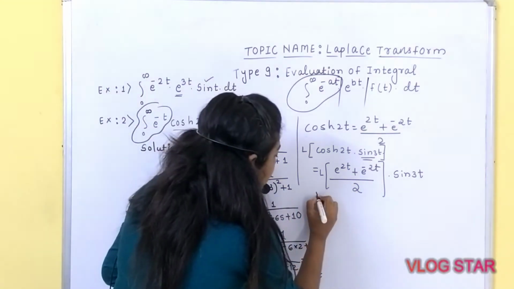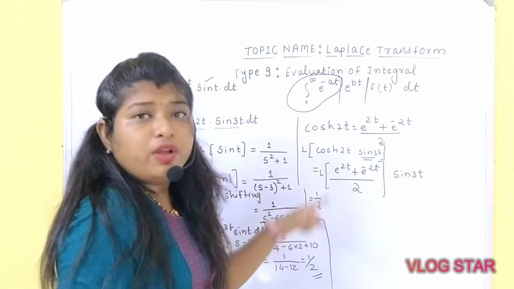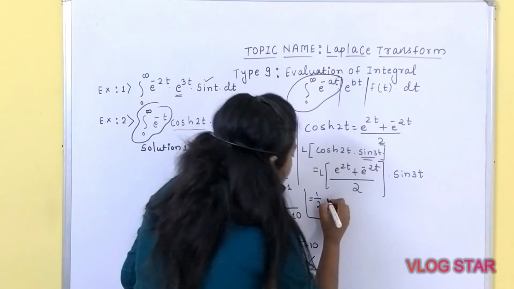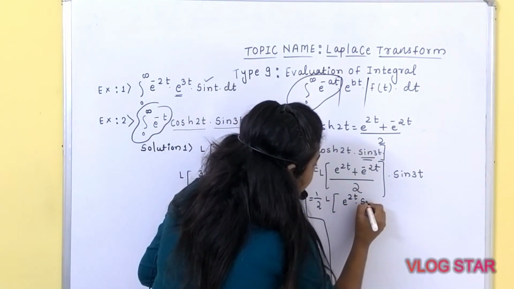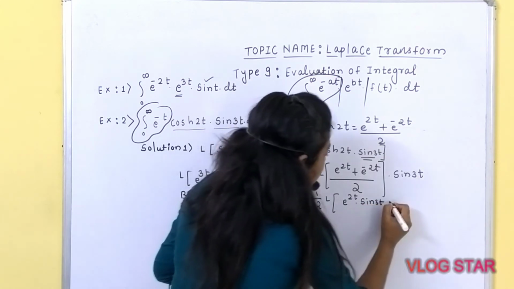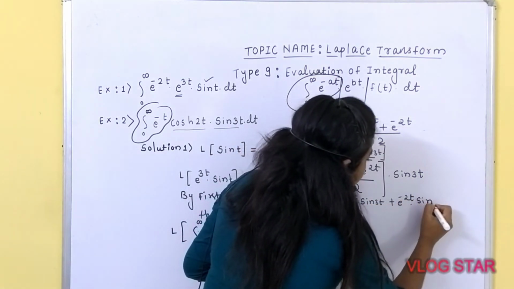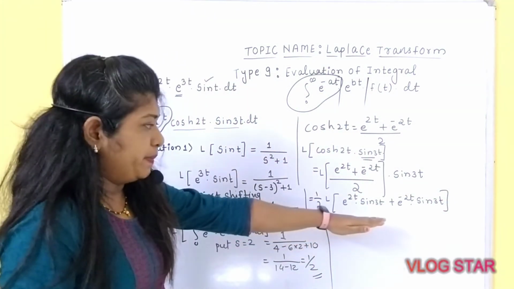So we can take 1 upon 2 outside the bracket. What is there inside? e raised to 2t into sin 3t plus e raised to minus 2t into sin 3t. I hope you have understood this step.